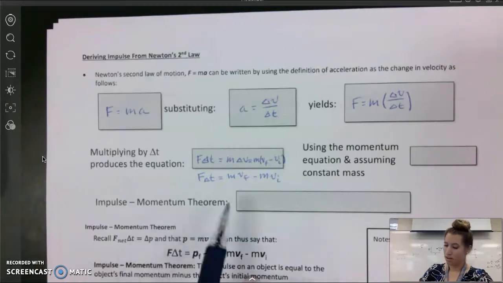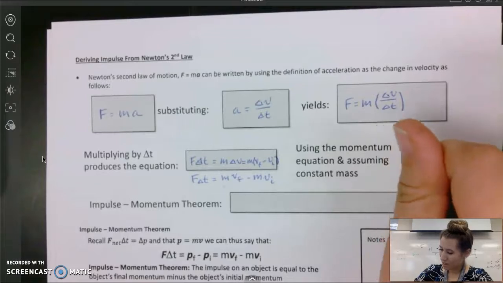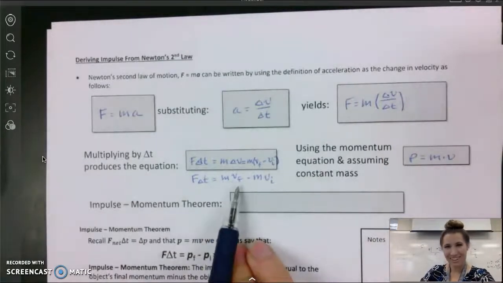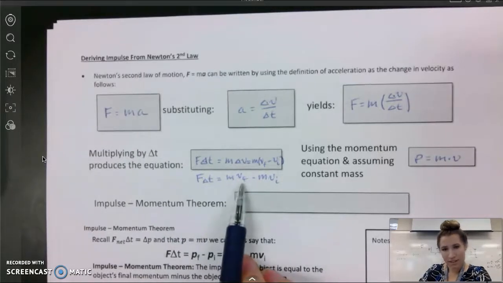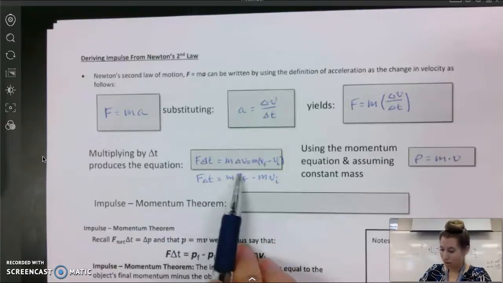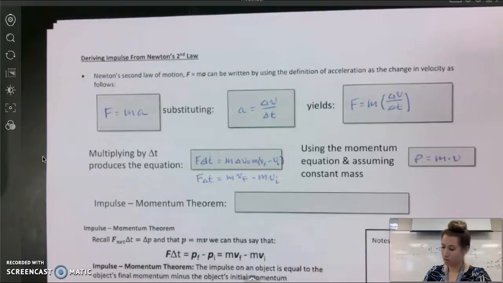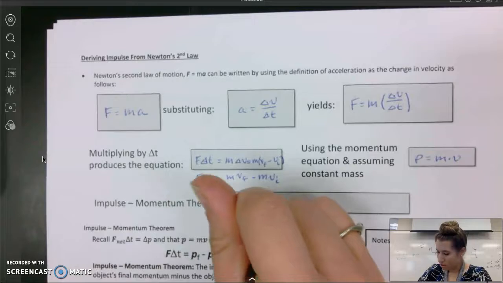Okay, now again we should see something really familiar here, because momentum is mass times velocity, and that's what we have. We have mass and we have velocity, and so now we've seen again this interaction between impulse, Newton's second law, and momentum. Okay, so if this is the final velocity and that's the initial velocity, then we can call this as a unit, this mass and this velocity, our final momentum minus our initial momentum there. So that would be what we're starting with.